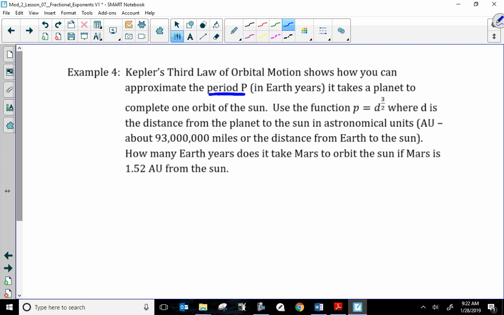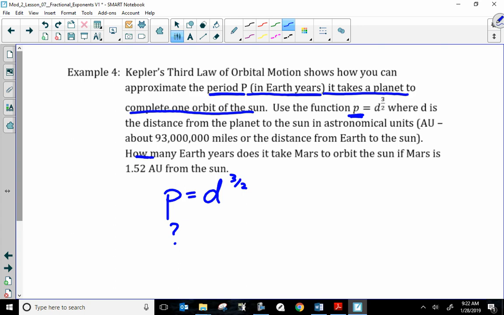Now, how many Earth years does it take for Mars to orbit the sun? P, that's the period, in Earth years, it takes a planet to orbit the sun. This is my equation. P equals D, which is the distance, to the 3/2. We want P. How many Earth years does it take Mars to orbit? That's the P. That's what we're trying to figure out.